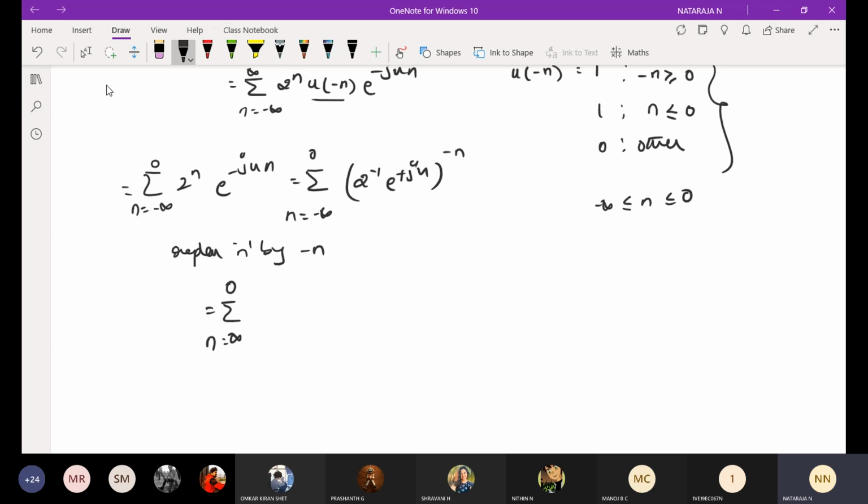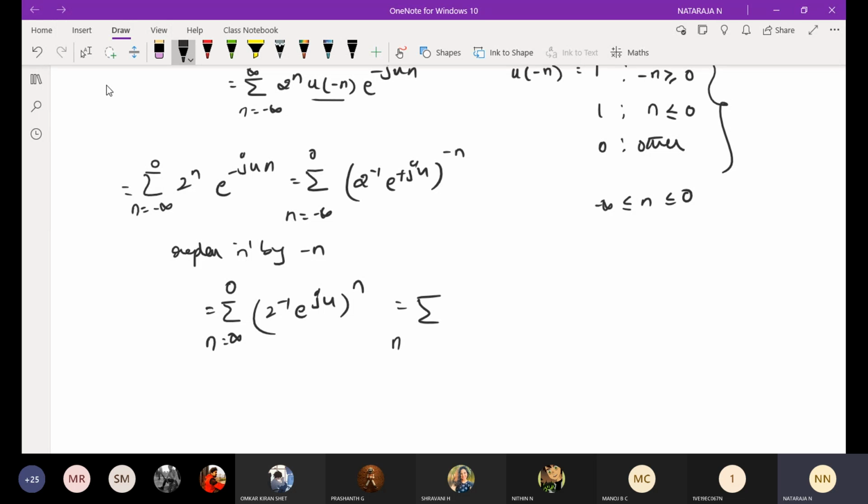Here it becomes 2 inverse e power j omega, whole to the power of plus n, because minus times minus gives plus. Now we can interchange these limits.